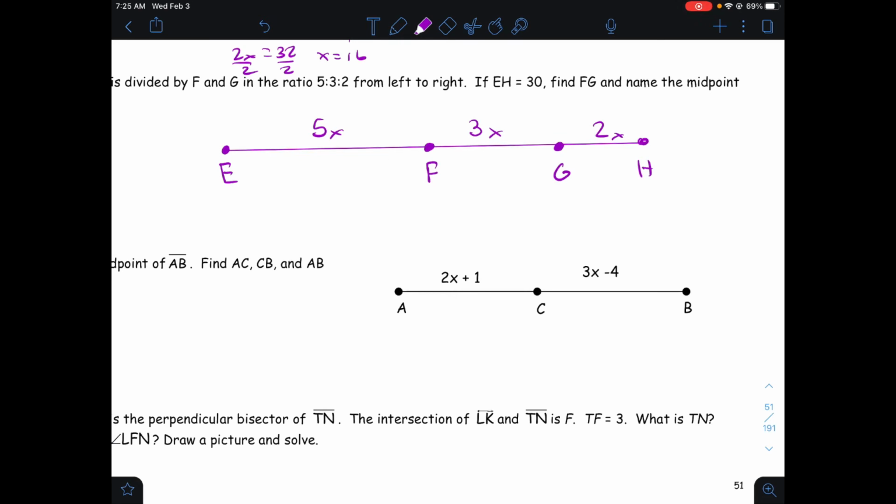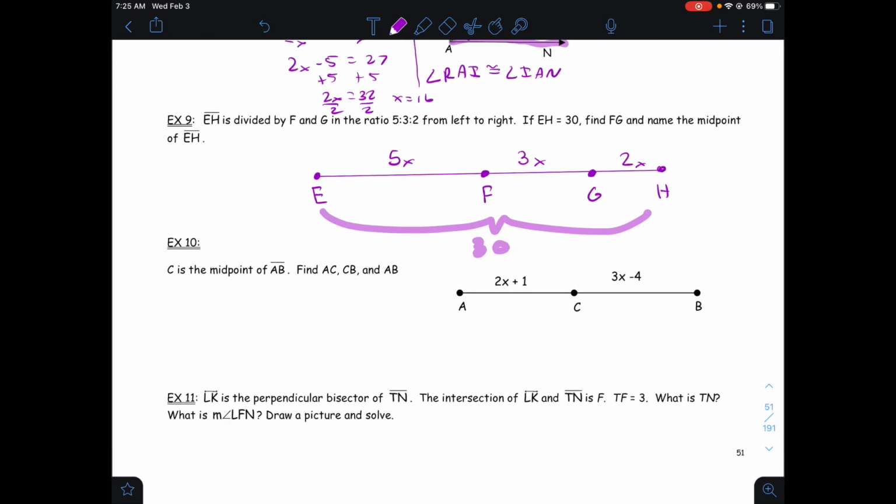Well, let's go ahead. Here, actually, I can go like this. We know that this is equal to 30. So what we can do is add everything up and set it equal to 30. So we're going to say 5x plus 3x plus 2x is going to give us 30, which when we add up the like terms, we get 10x.